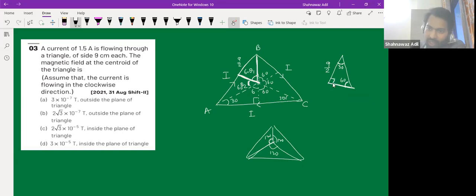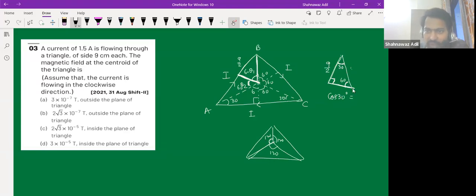Yes, using the trigonometric ratios, right? So sine 30, or cos 30? Cos 30 would be base.